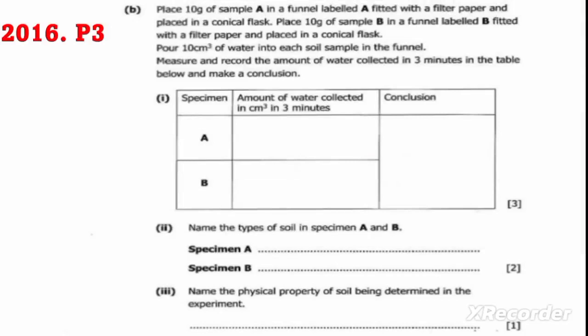The next question, question B: place 100 grams of sample A in a funnel labeled A, fitted with a filter paper and placed in a conical flask. Place 10 grams of sample B in a funnel labeled B, fitted with a filter paper and placed in a conical flask. Pour 10 cubic centimeters of water into each soil sample in the funnel. Measure and record the amount of water collected in 3 minutes in the table and make a conclusion.